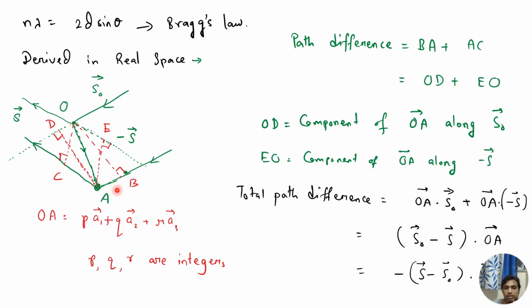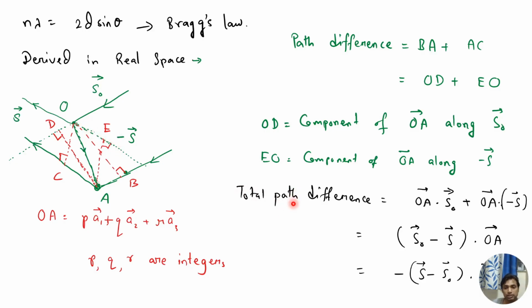So we saw that OD is the component of OA along the S naught vector. Similarly, EO is the component of OA along the minus S vector.